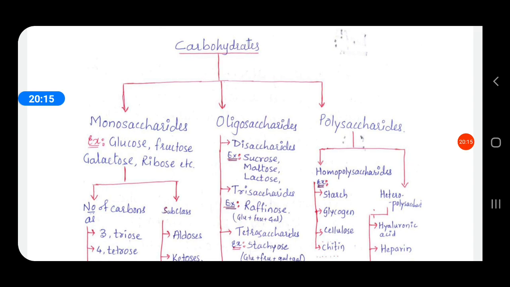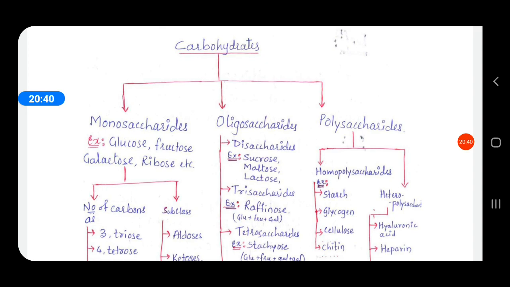Another classification is sugars and non-sugars. The name itself indicates sugars. We know the sugar we use at home is table sugar, which is obtained from sugar cane. That is nothing but sucrose.